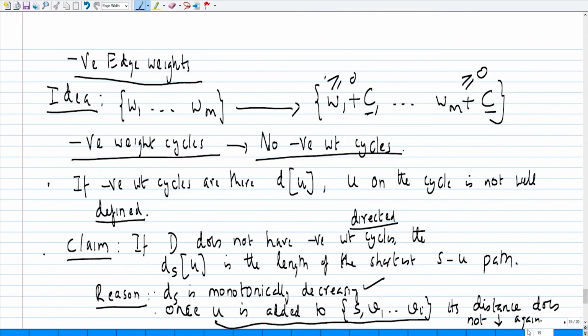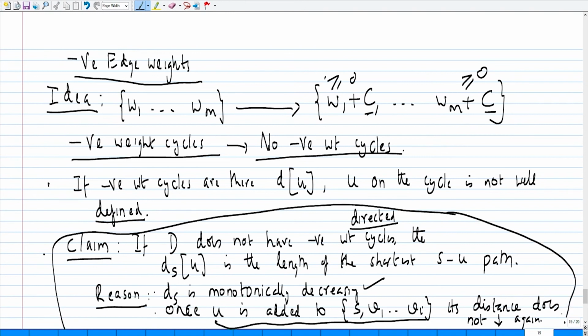I think this claim is wrong. I'm sorry for this. The reason is that this part of the claim is correct. I said that once u is added, its distance does not reduce again, its distance does not change by the design of the algorithm.